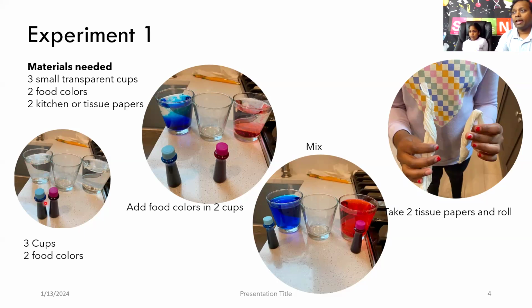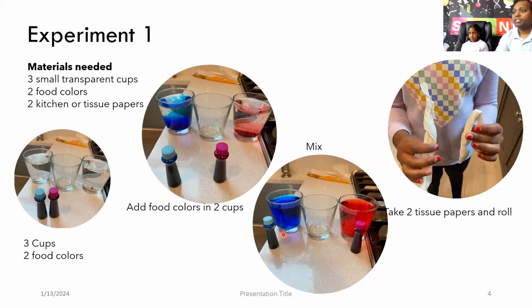If you have food colors, you can drop maybe two or three drops, or probably ten drops, just to see the color thick. Drop one color in the first cup and something else in the third cup, and leave the second cup empty, with no water and no food color. So that's the second step we are going to do.